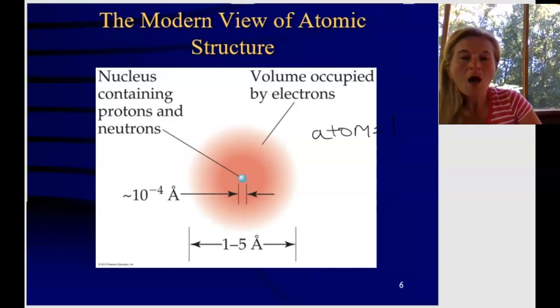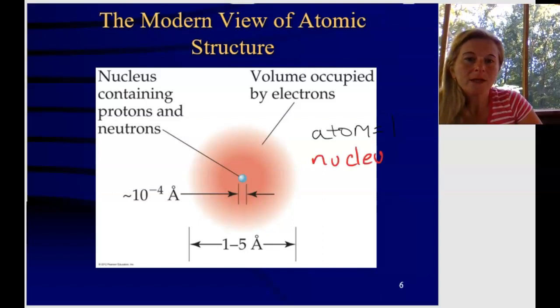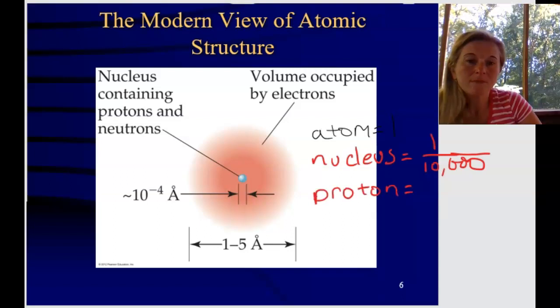All right, our nucleus is going to be 1/10,000th the size of the atom. And a proton is going to be 1/100th the size of the nucleus.